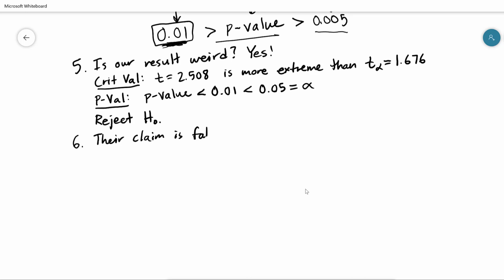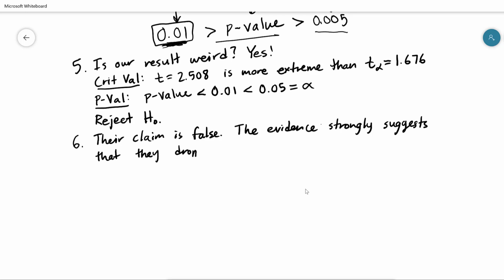So the evidence suggests, and strongly suggests, that they drop more than 5 calls. And so that is our plain English conclusion in this case.